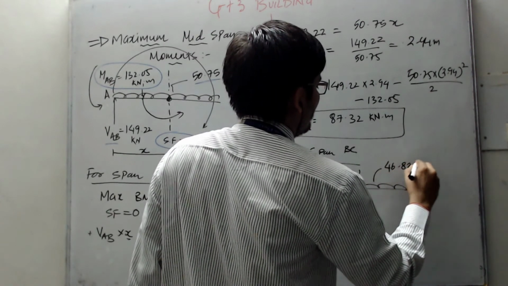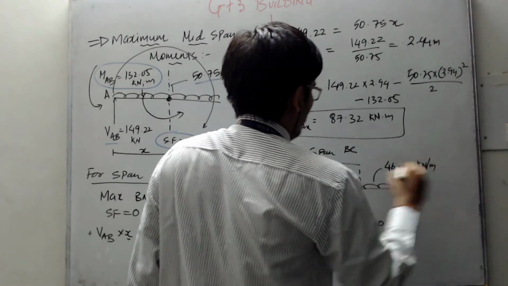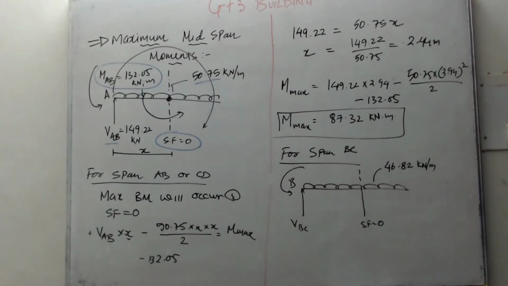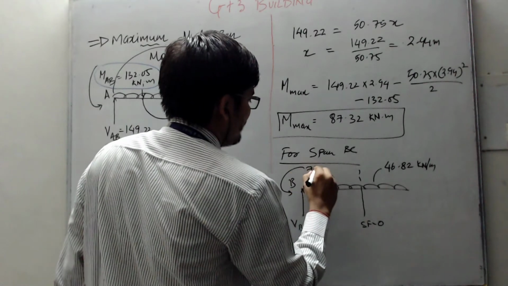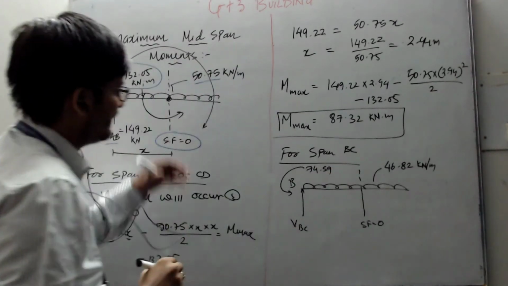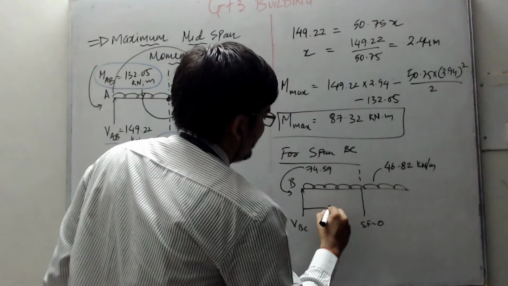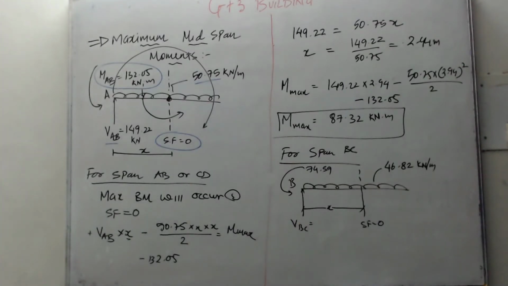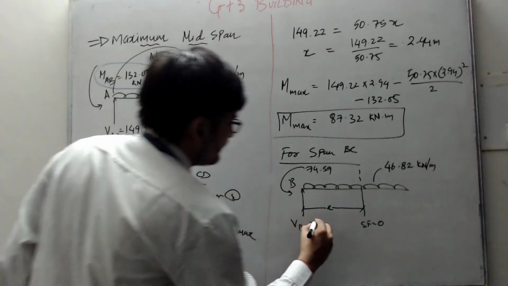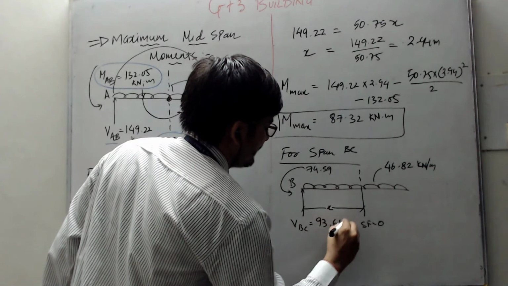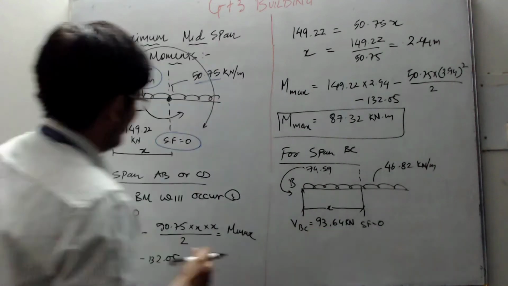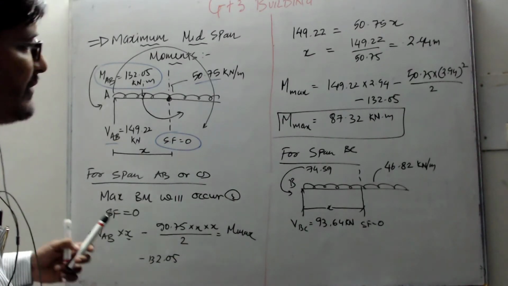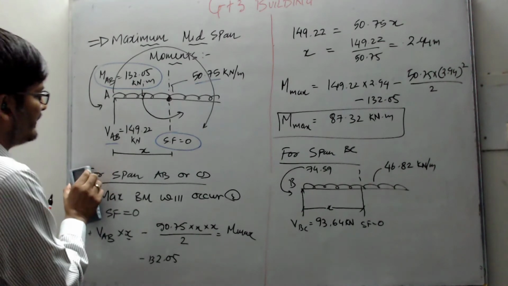There is an anticlockwise moment which is 74.59. Suppose this is x distance, we know the value of VBC which is 93.64. Using the same method, let us calculate maximum bending moment at span BC.